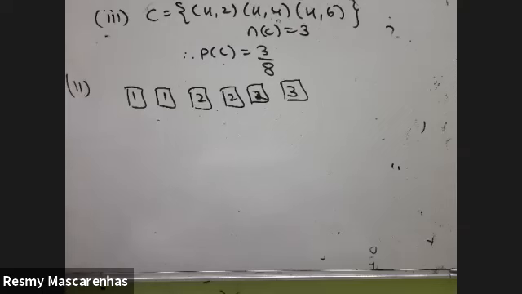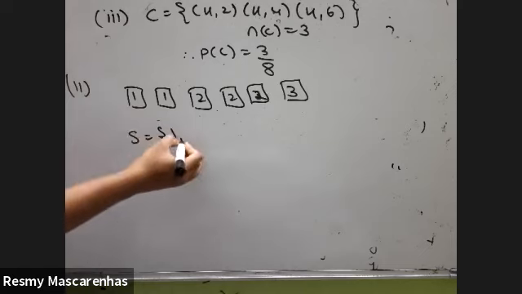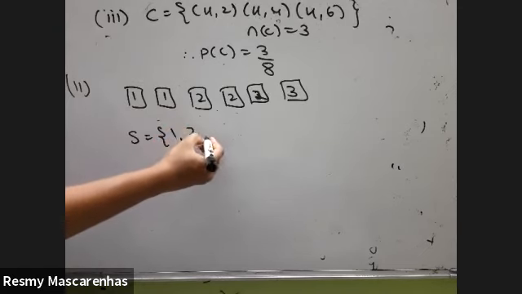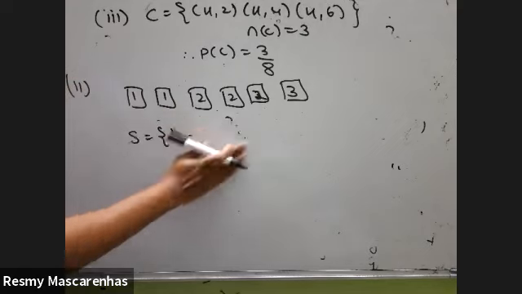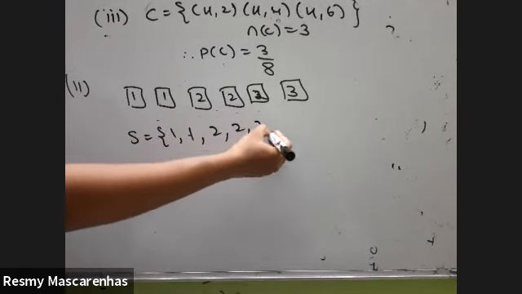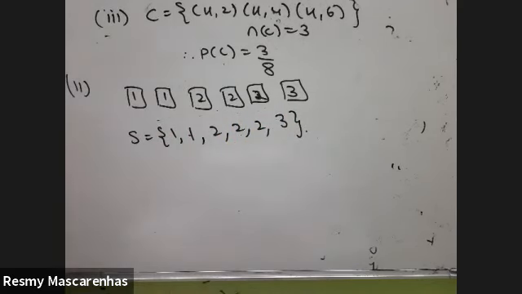So what could be the sample space? You can write first like this: 1 comma, it could be all of this or this.